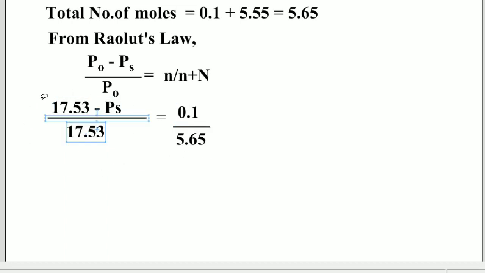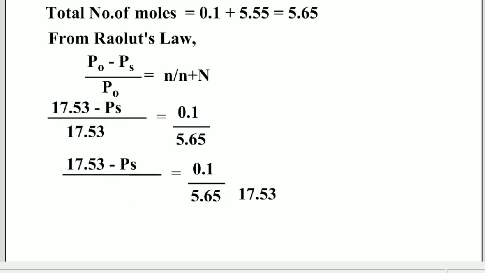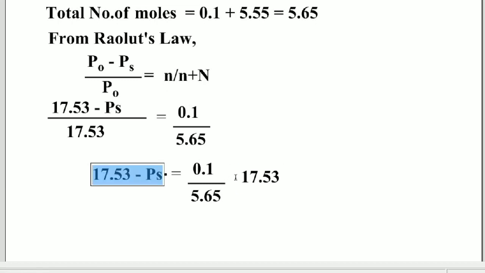Now we can write like this: 17.53 minus PS is equal to 0.1 by 5.65 into 17.53.